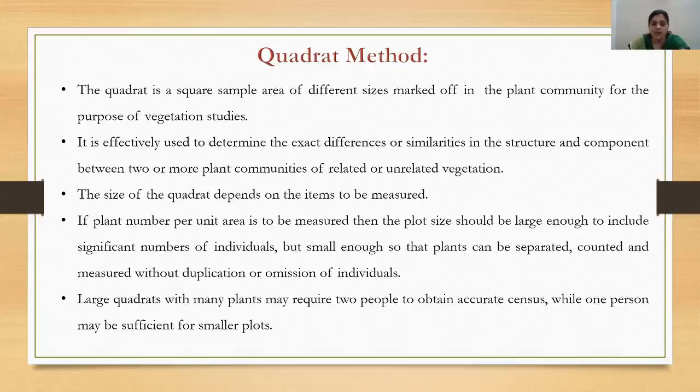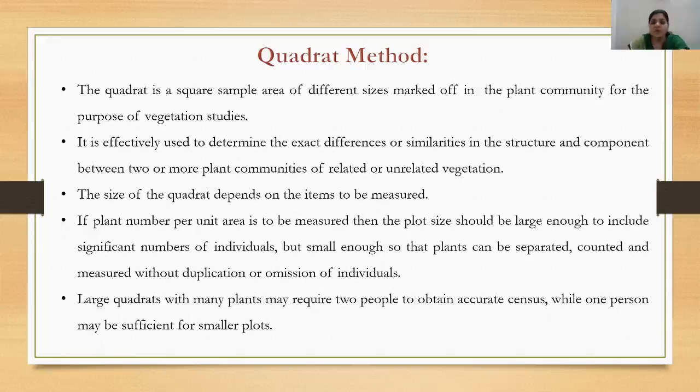The quadrat is a square sample area of different sizes which is marked off in the plant community for the purpose of vegetation studies. So it may be a specific area in the vegetation which is marked, and especially it is square in shape. This method is effectively used to determine the exact differences or similarities in the structure and component between two or more plant communities of related or unrelated vegetation.